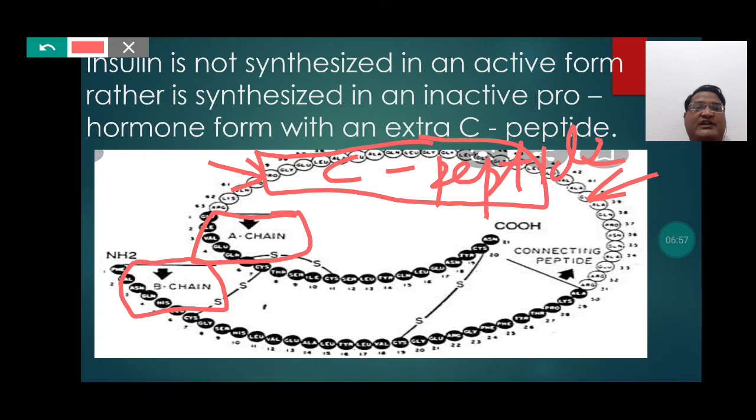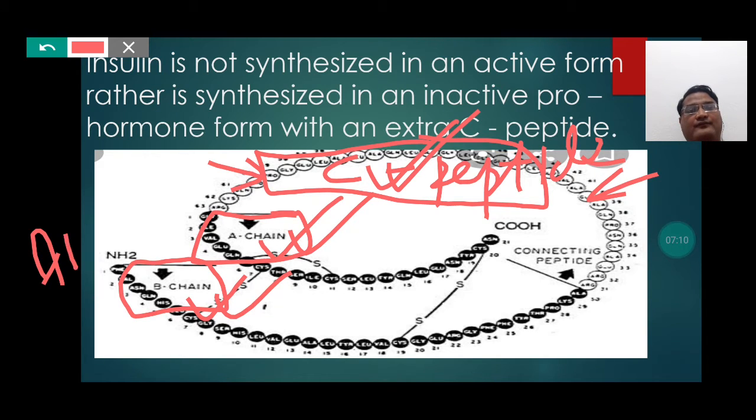So students, taken collectively, the chain A and the chain B, which remain connected with the C peptide, is called the inactive insulin.